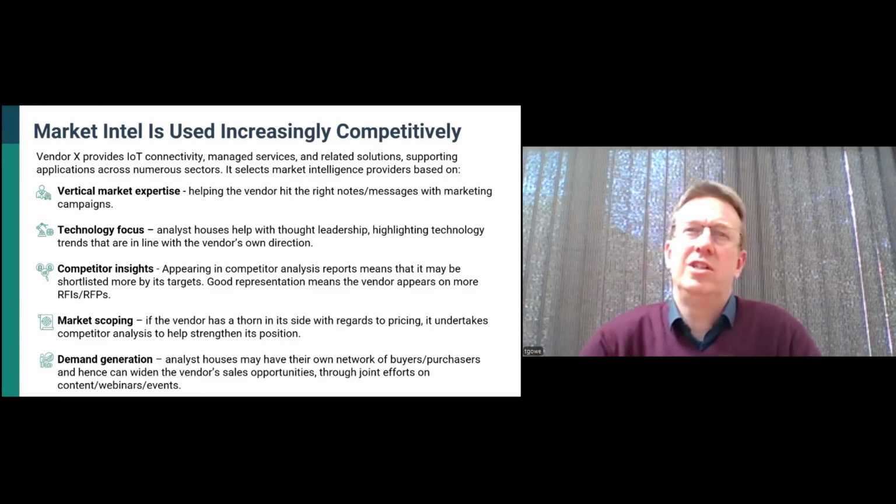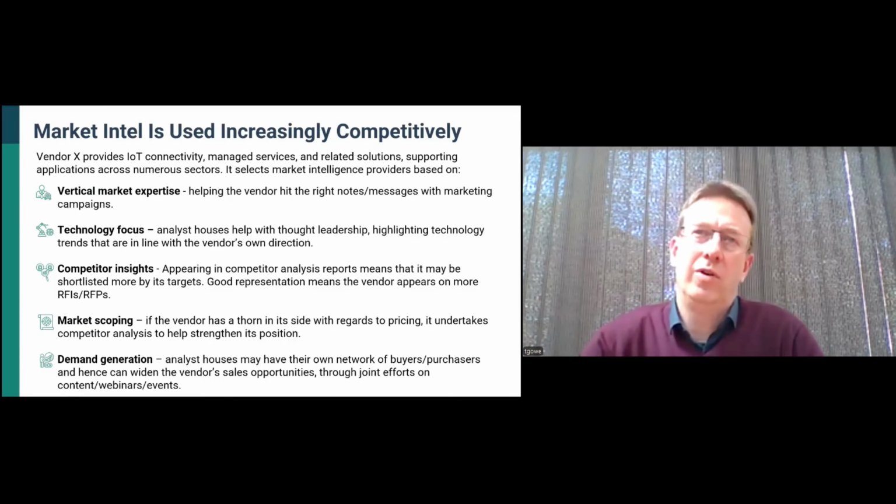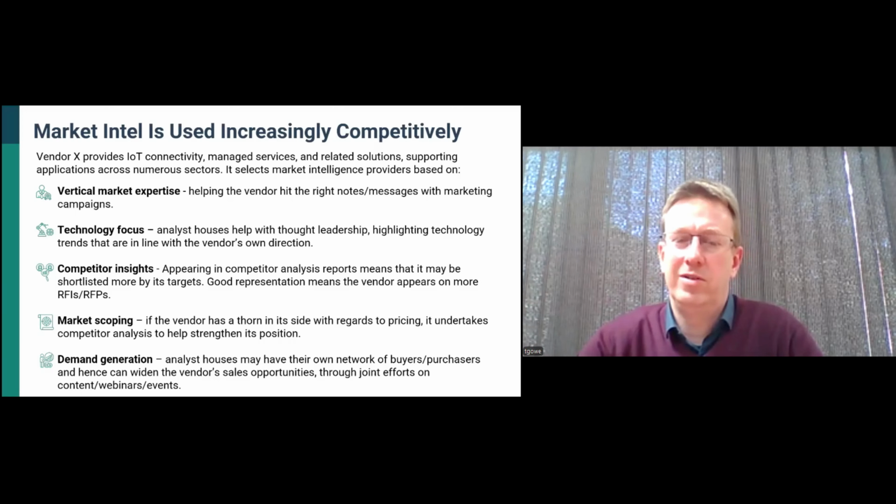You could have a situation where there's a technology topic the vendor wants to talk about, and they use the expert from the business research company or another analyst house to talk about that trend in the market. That gives real proper validation to the market and the direction it's taking. So there's this ability to use intelligence to help generate demand, and that's very important.